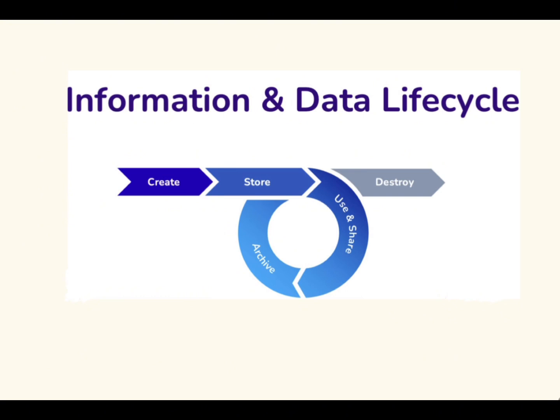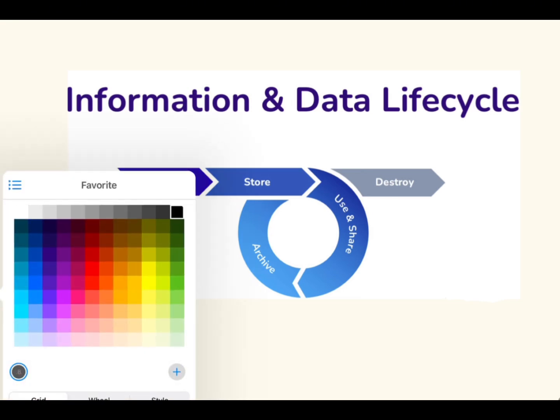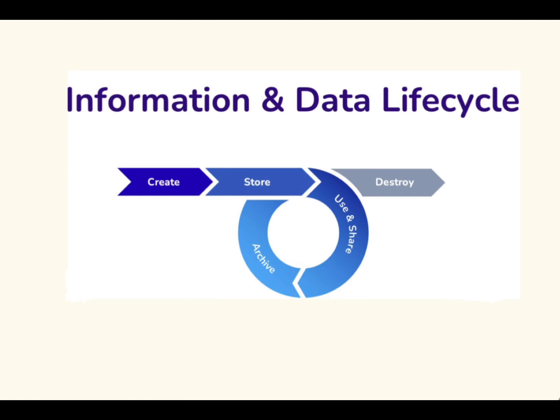When you check on the internet or read about the information data lifecycle, you may find different images and diagrams. For example, in some diagrams you may see one additional step, classify.